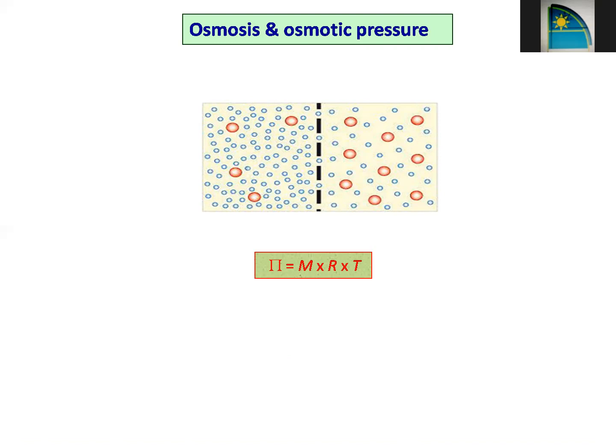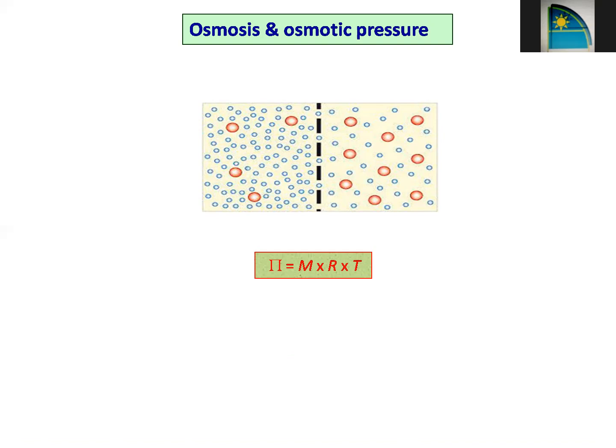Anyway, that proves that whenever any solvent is trying to move through a semi-permeable membrane, it exerts some kind of pressure onto the semi-permeable membrane. That pressure is a measure of your osmotic pressure, which is written as capital M R T, where capital M is the molarity of the solution, R is known as the gas constant, and T is the temperature.